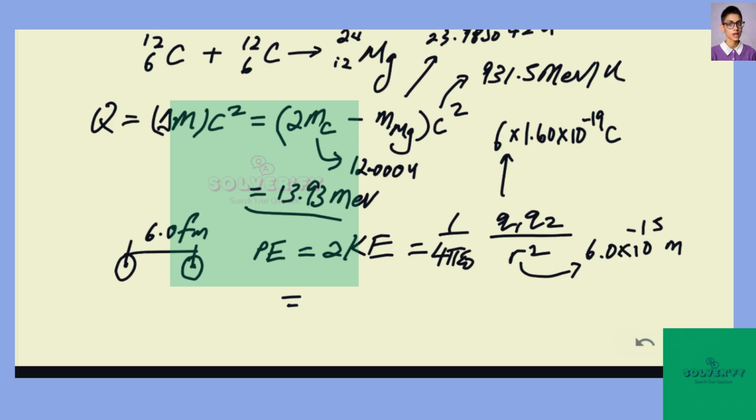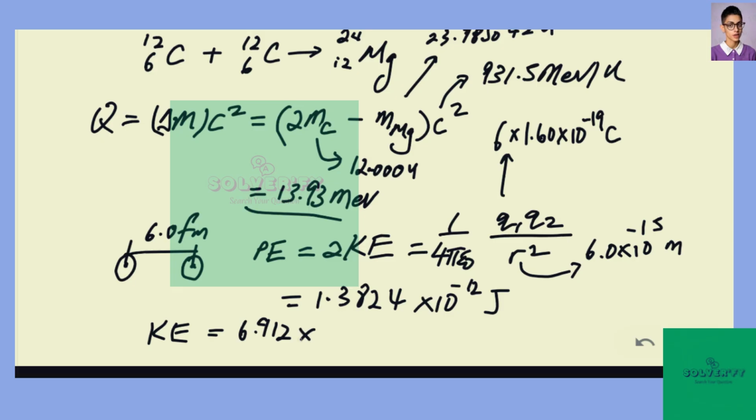Putting all the values into the calculator, you should get a value of 1.3824 times 10 to the power of minus 12 joules. And so for the individual kinetic energy of the two nuclei, we just divide this by 2, and we should get 6.912 times 10 to the power of minus 13 joules.